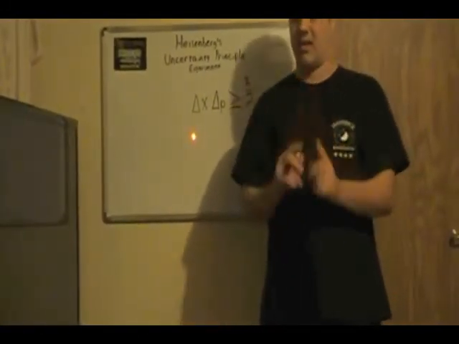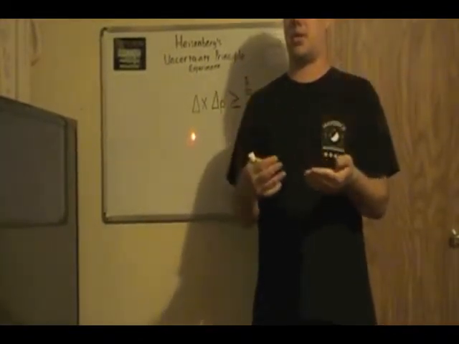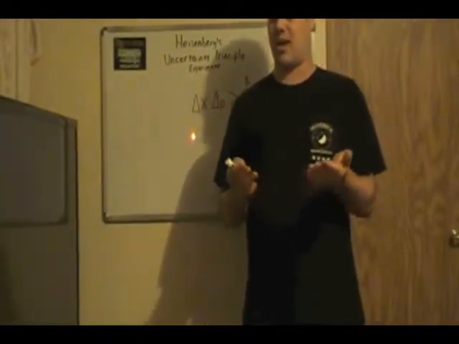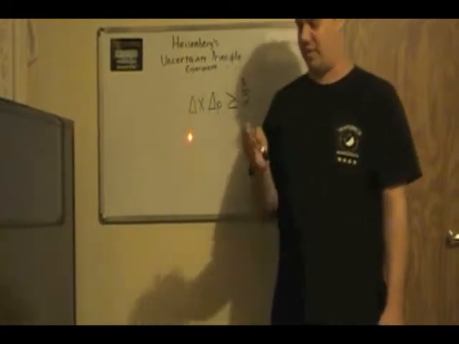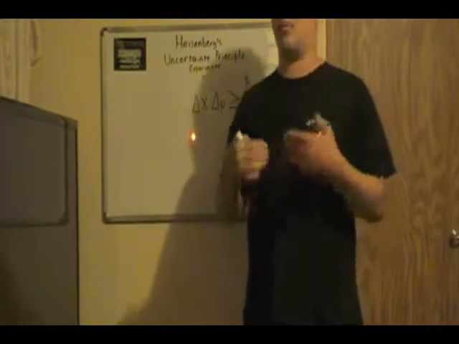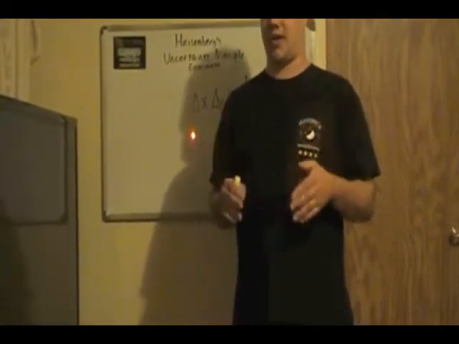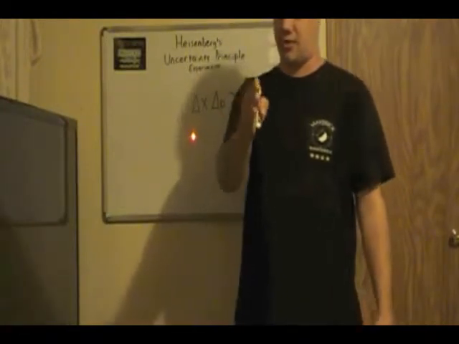And at that point they go, oh shoot, our position is known too well. And they're not saying this, obviously, I hope you know that. Our momentum needs to become less well defined, and so they aren't going to go straight forward anymore.